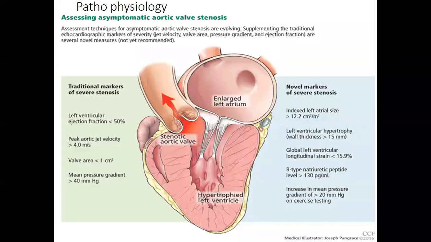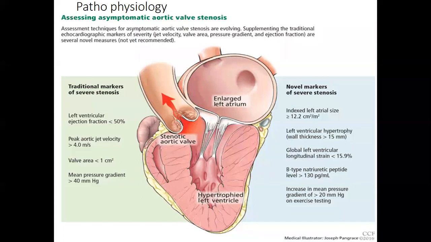You can see in this picture that whenever there is aortic valve stenosis, or narrowing of the aortic valve, then definitely the LV has to generate more than normal pressure to eject its blood through the stenosed aortic valve, the aorta, and the systemic circulation.